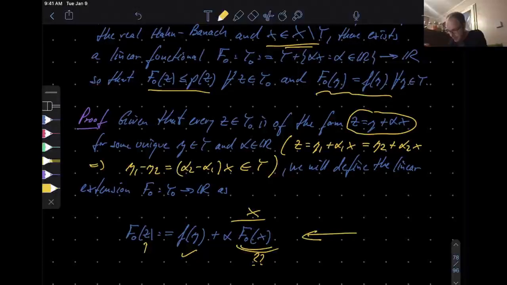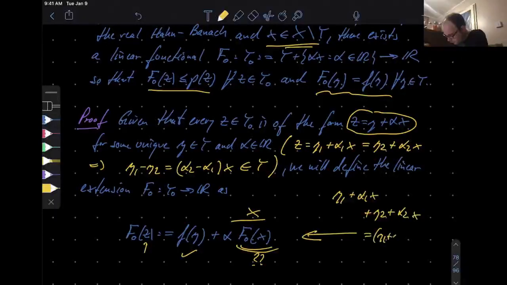Because, I mean, the fact that this is linear, that's clear, because the map f is a linear functional, so that piece there out front is linear. And if you have two vectors z, well, then they will differ by the sum of two. Let's write it here. It will be of this form here, right?